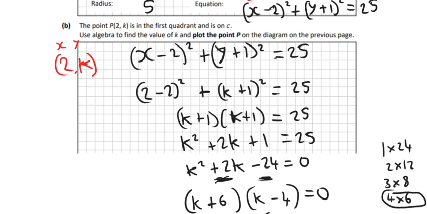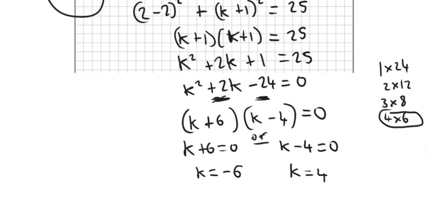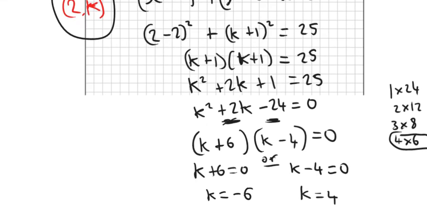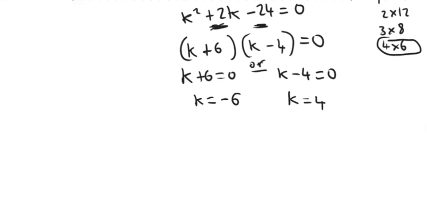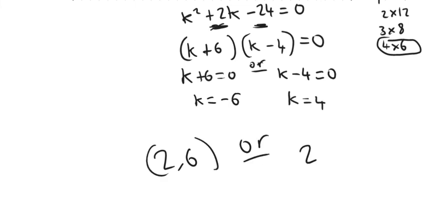So think about it again. Go back to your coordinate here, (2, k). So that's our coordinate. So our point P has to either be (2, -6), or it has to be (2, 4).